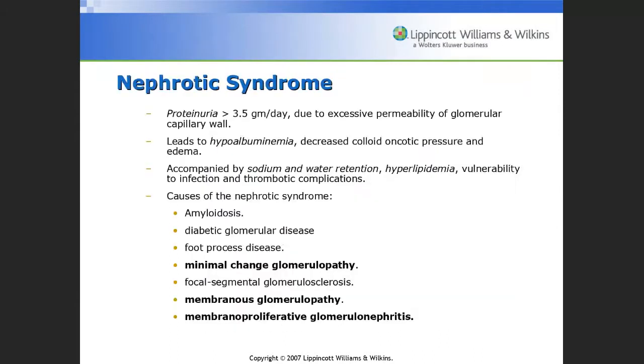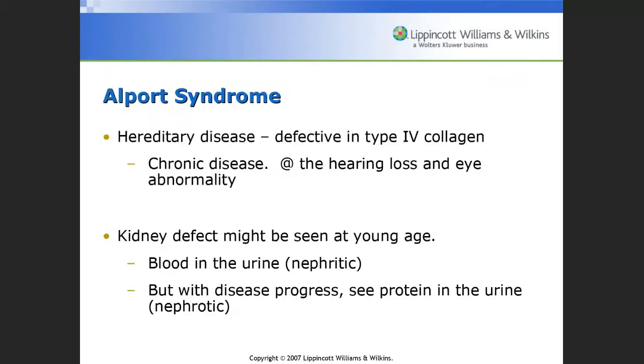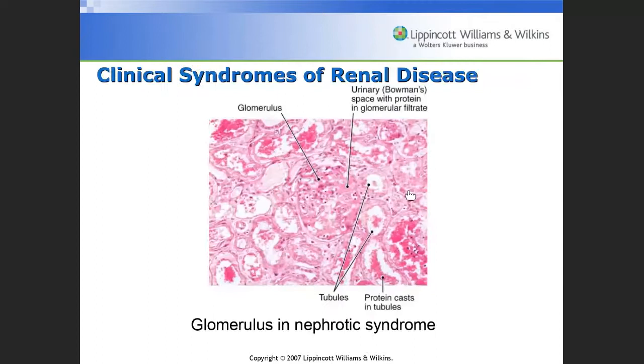Now, the nephrotic syndrome. Why am I jumping around? One of the important things with nephrotic syndrome is that because there's a lot of protein, you can actually see these proteins histologically. It takes a trained eye, but you can tell between proximal convoluted tubule and distal convoluted tubule. This, for example, is proximal convoluted tubule because of the brush border.